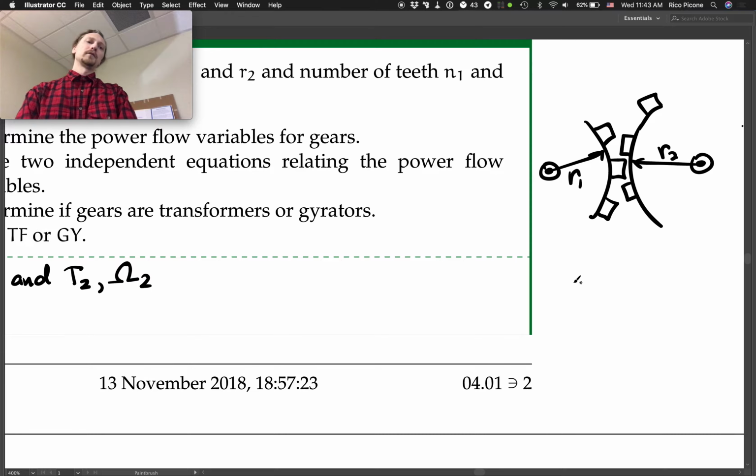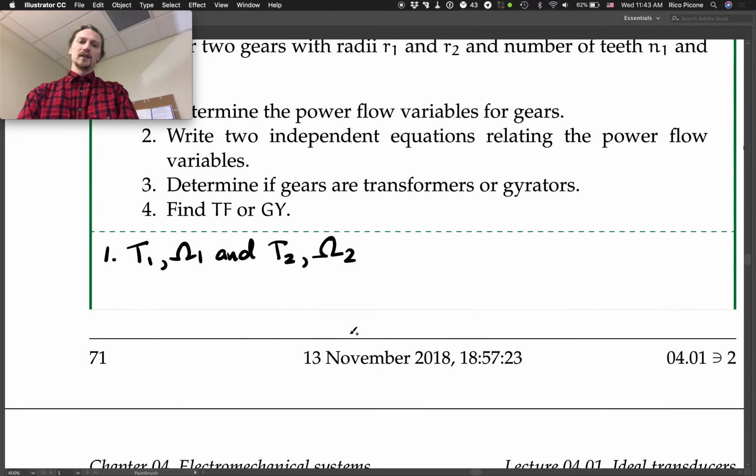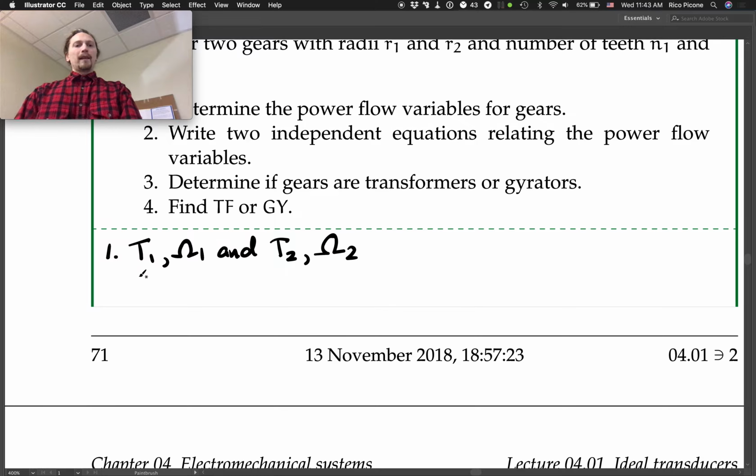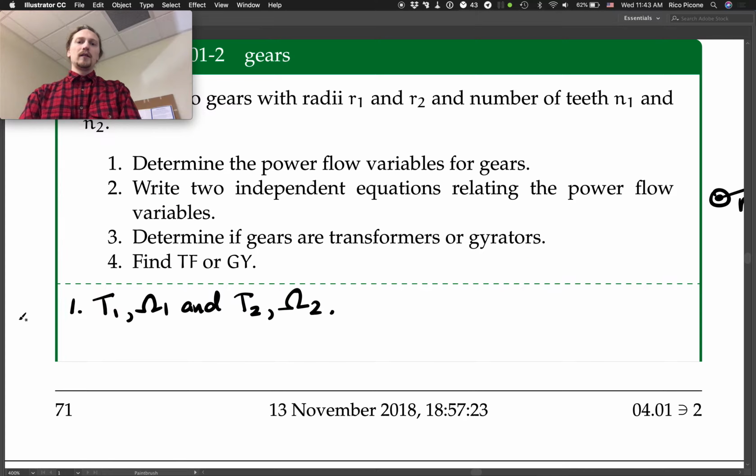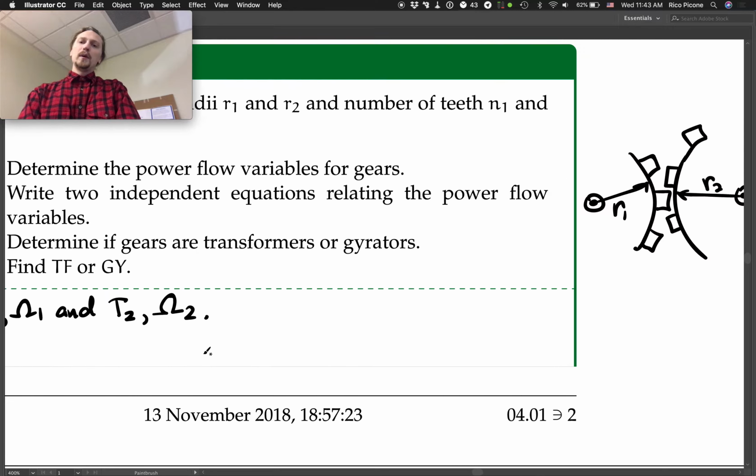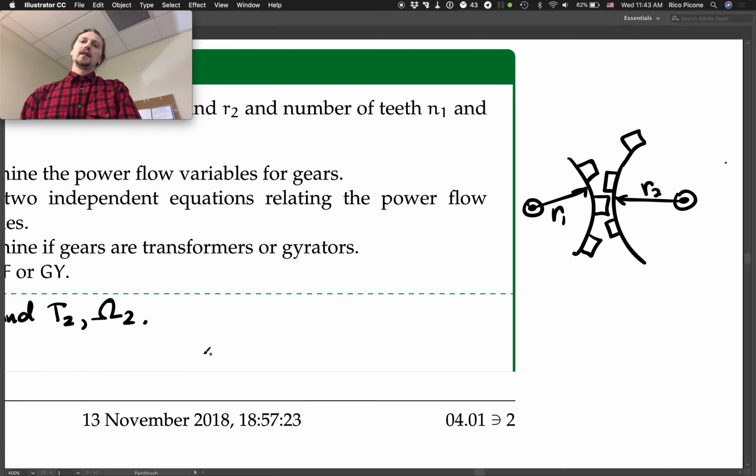Each one has its own shaft that's rotating at different speeds in general. Good. So something that we should think about here when we think about gears is, and you're going to learn a lot more about this, what is the point of gears? Why do we have gears?